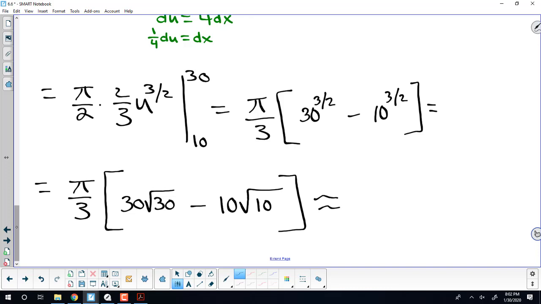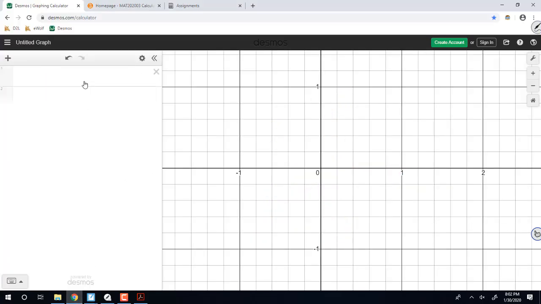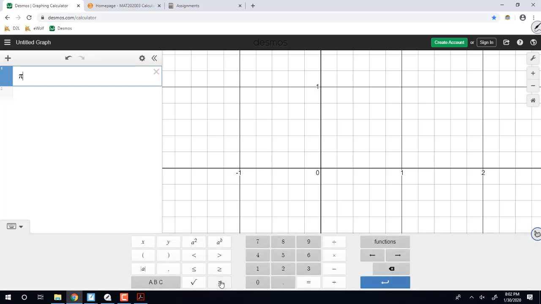I didn't compute that decimal, but say 138.96.